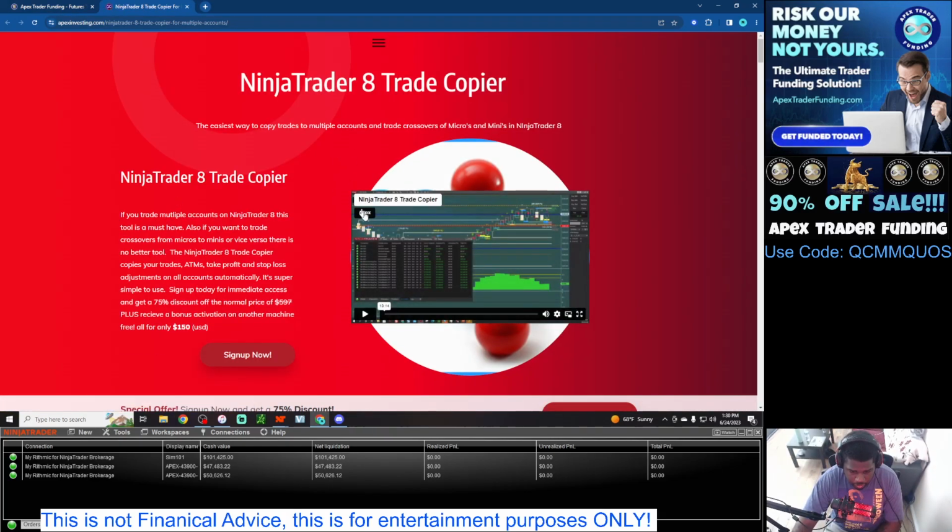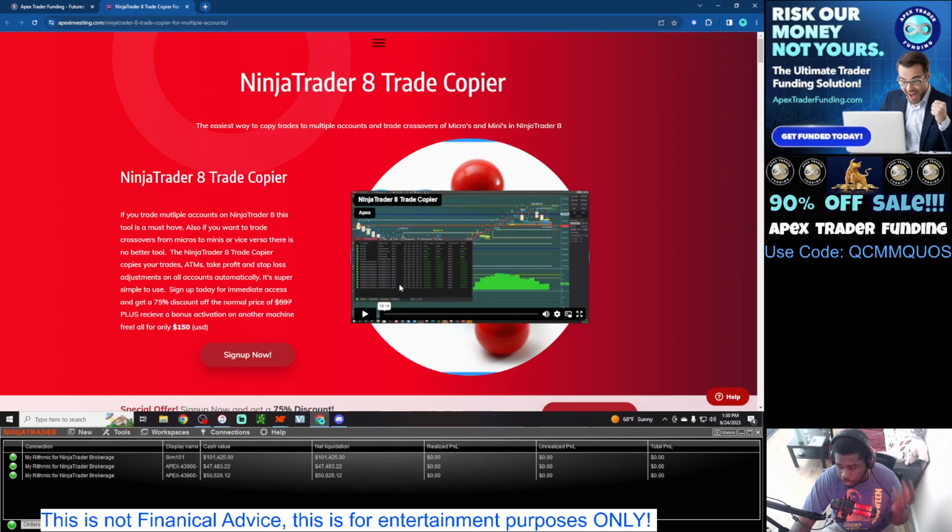You can use this trade copier, which allows you to say, for instance, you're trading on NinjaTrader and you have 10 accounts, but you personally don't want to trade each individual account one by one. And you want to be able to profit the same amount on each play that you take.